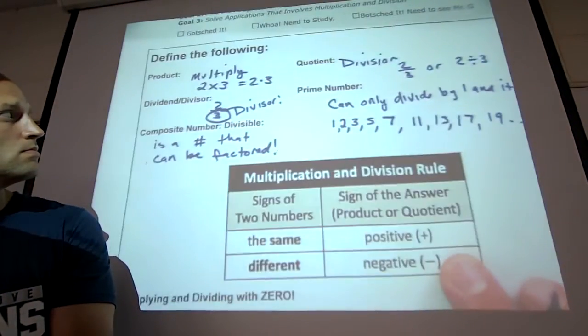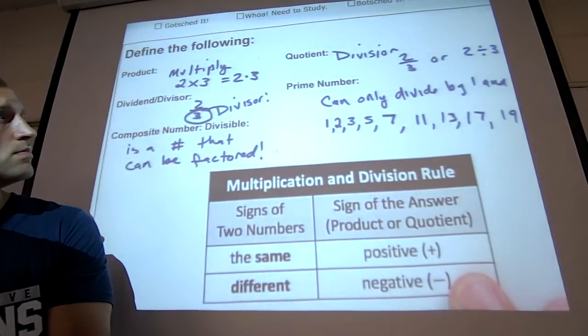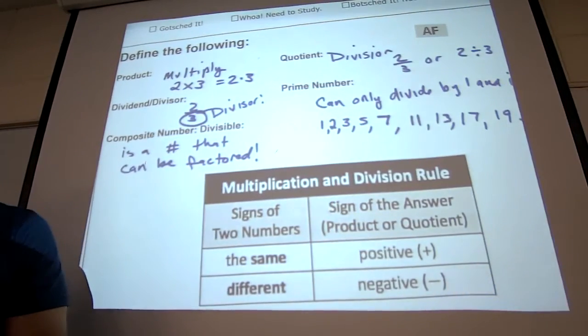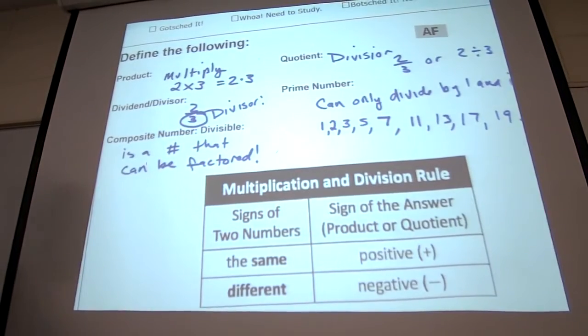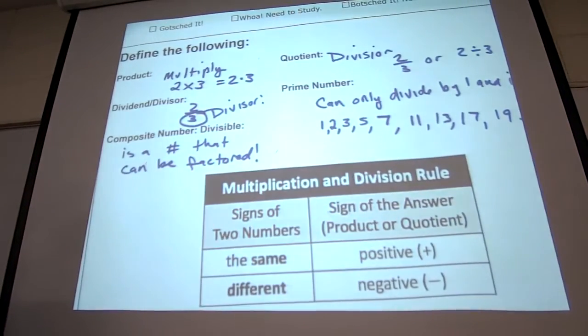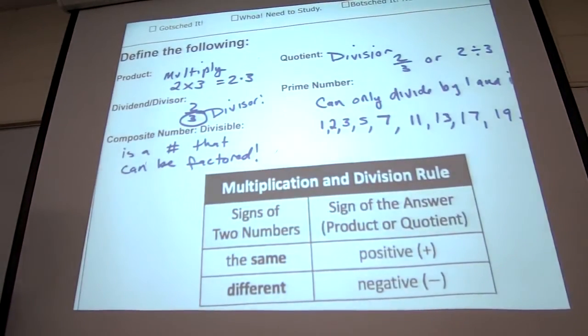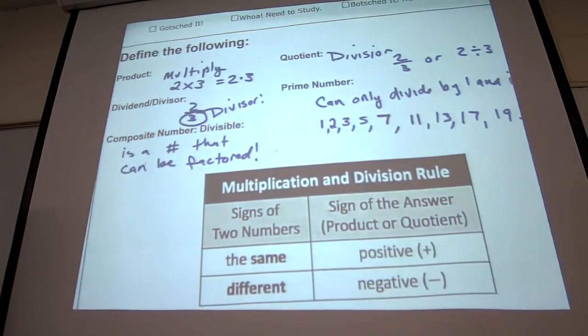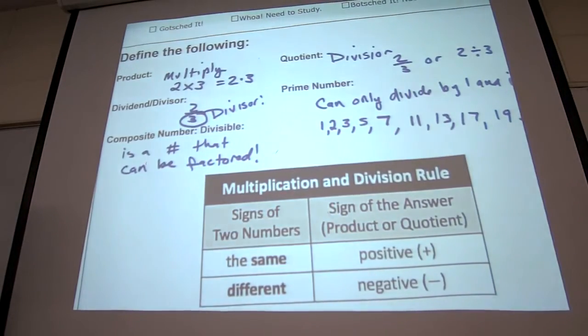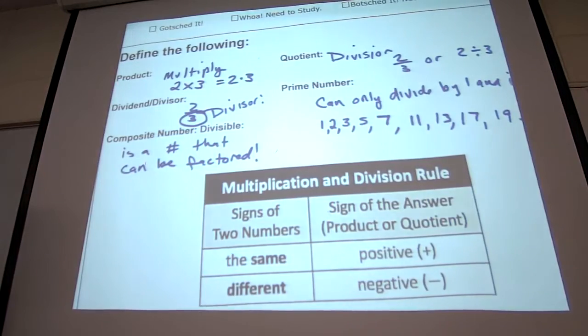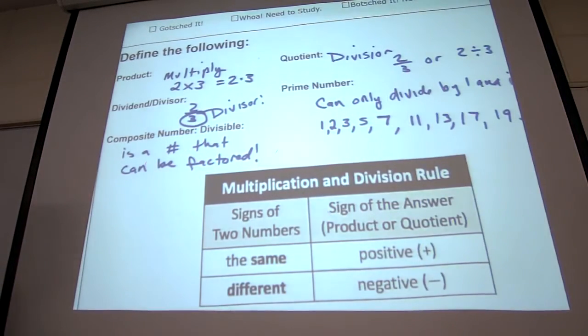Or some of it, at least. Is that better? I think it's still focusing. There it is. Yeah. Are we good? Yep. Okay.